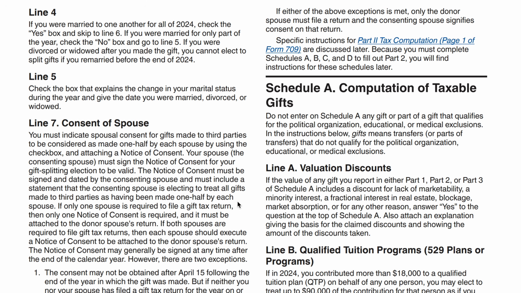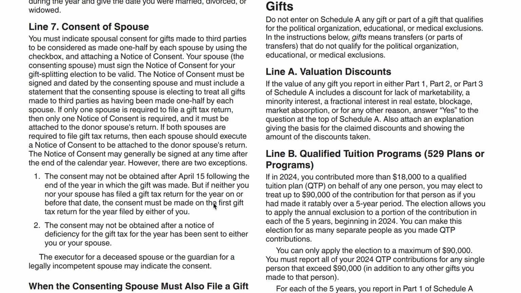If both spouses have to file gift tax returns, both spouses have to execute a notice of consent for the other spouse's return. It can be signed anytime after the end of the calendar year, with the exceptions laid out here. So, it can't be obtained after April 15th, and it cannot be obtained after a notice of deficiency for the gift tax.